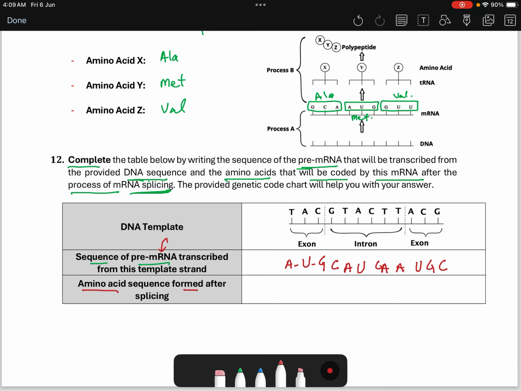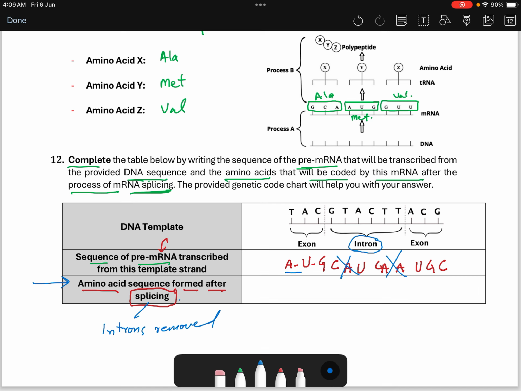Amino acid sequence formed after splicing. What you have to know here is that since these are introns, after splicing the introns are removed. So this one and this one will not be part of the amino acids made after splicing.